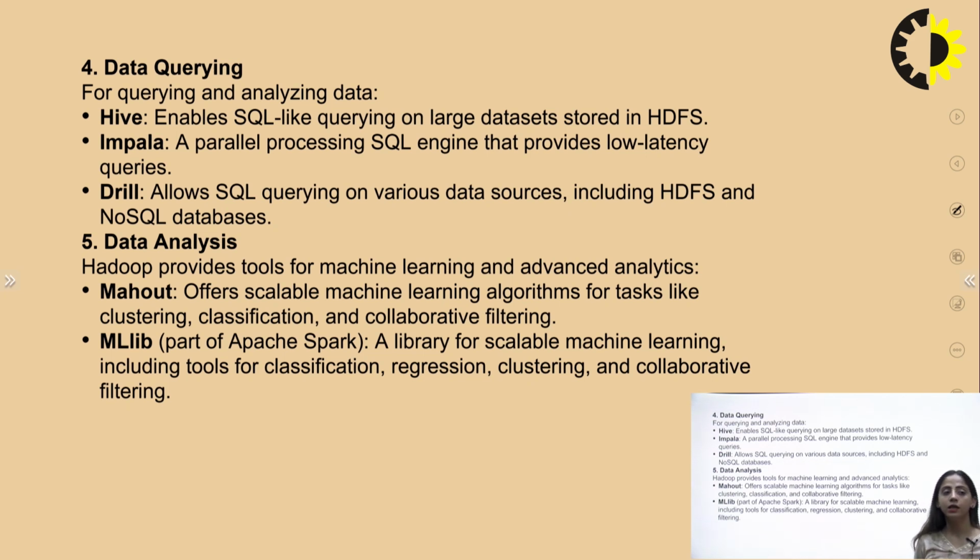If you are doing data analysis, Hadoop provides tools for machine learning and advanced analytics. For example, Mahout offers scalable machine learning algorithms for tasks like clustering, classification and collaborative filtering. MLlib is a part of Apache Spark, a library for scalable machine learning, including tools for classification, regression, clustering and collaborative filtering.